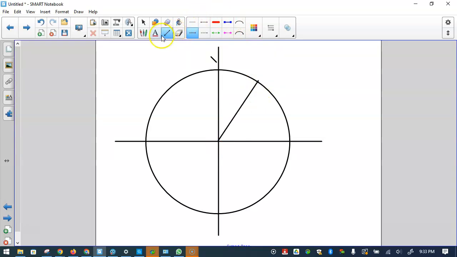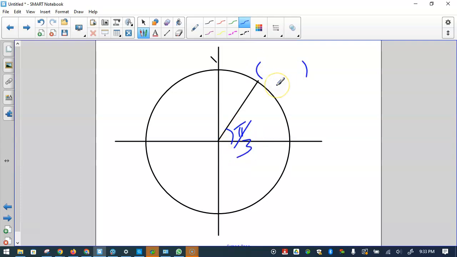And that's pi by 3. Cosine 60 is half, and sine 60 is root 3 over 2, right?